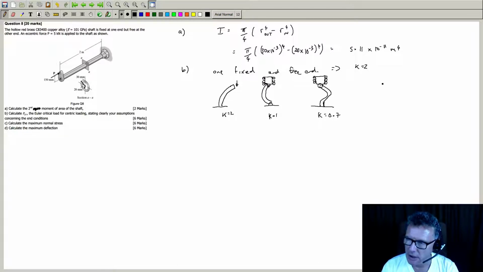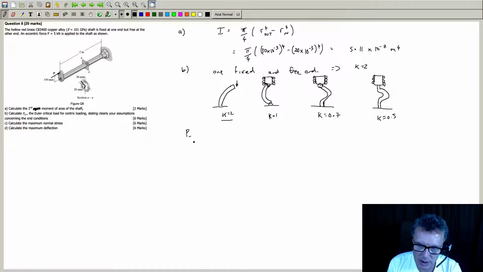And then finally, constricted at both ends, and you're going to put the sort of piston, so it's only allowed to go up and down. So we're going to have something come straight out here, something comes straight out here, and it might bend like that. And that would be K equals 0.5. So for our particular case, for the majority of cases, I expect would either be K equals 2, or maybe K equals 1.